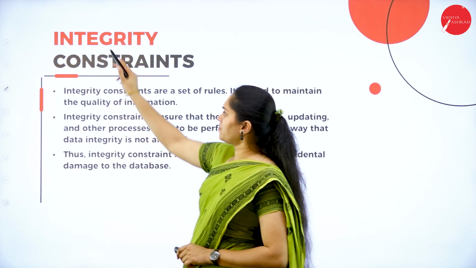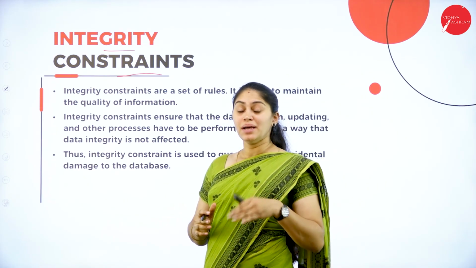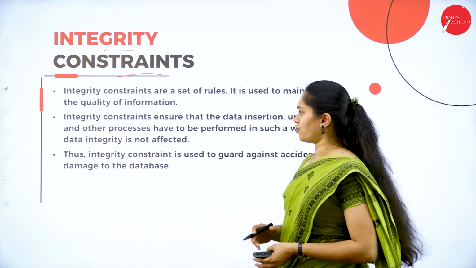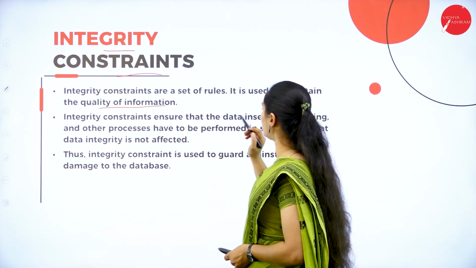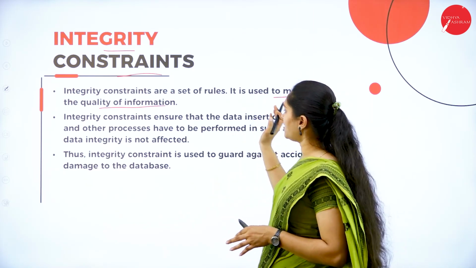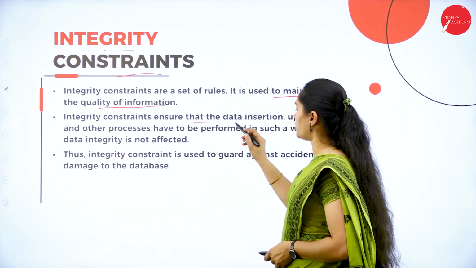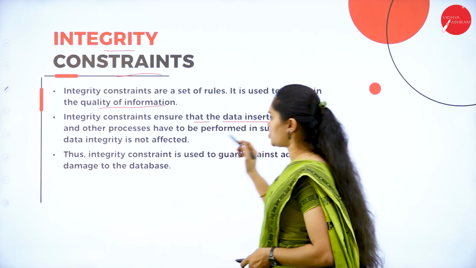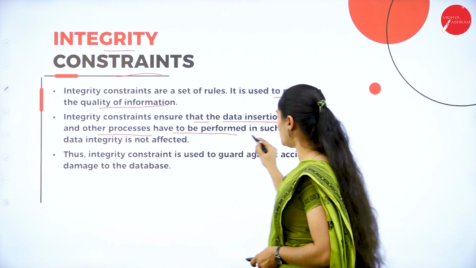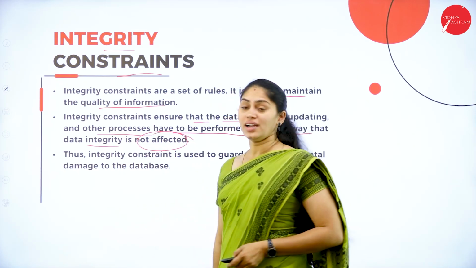Next, here we have integrity constraint. Why do we require integrity constraint? Mainly to have a consistency of data. The quality of information should be maintained in a table or a database. For that reason, we have this integrity constraint. So it will ensure that data insertion, updation and other processes have to be performed in such a way that data integrity is not affected.